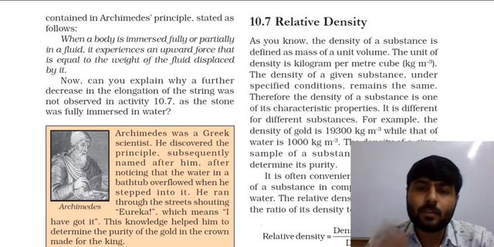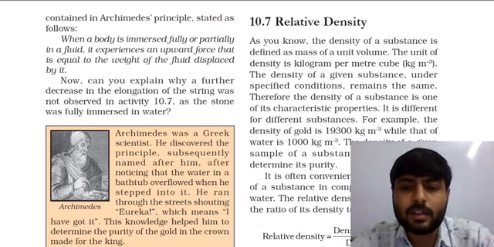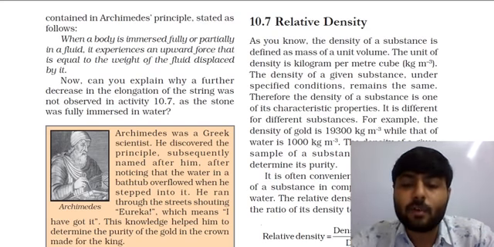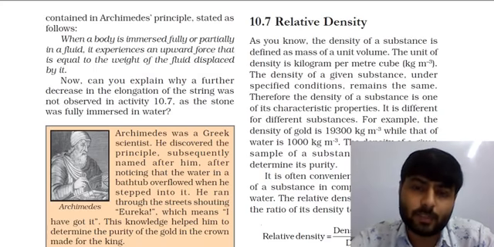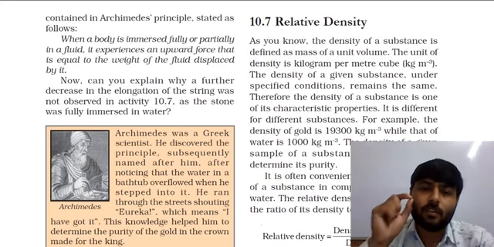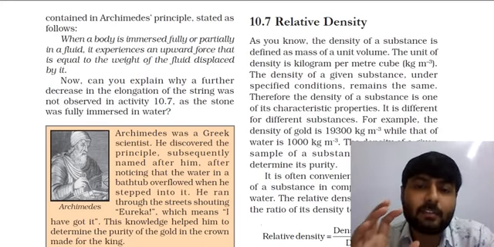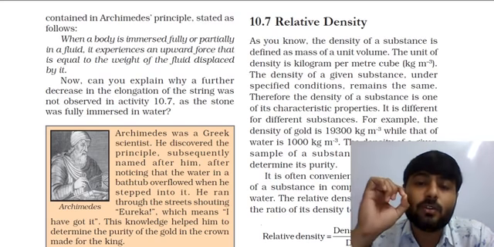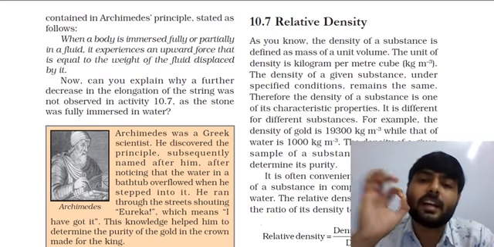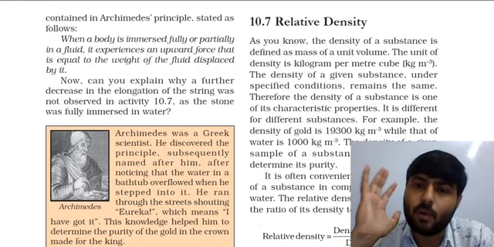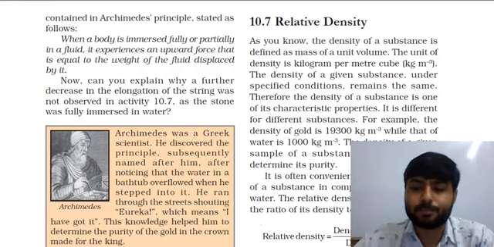Similarly, the density of gold is 19,300 kg per meter cube, which means if I take 1 meter cube volume of gold, it will have a mass of 19,300 kg. I hope you got the point.